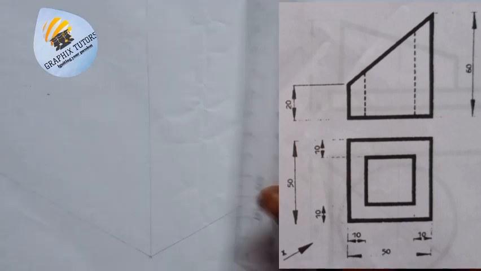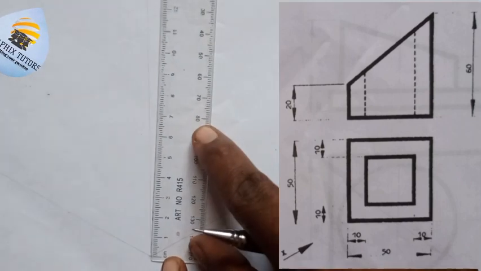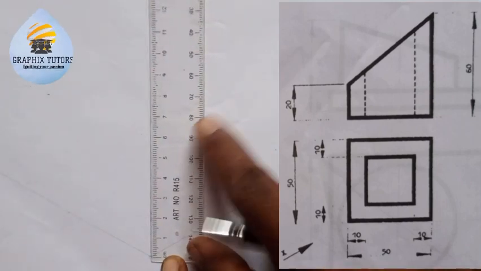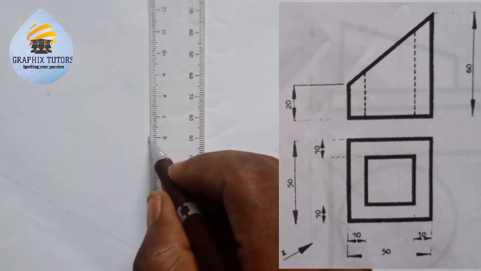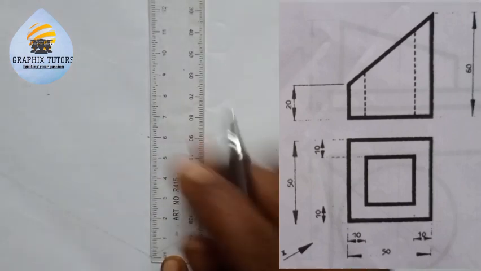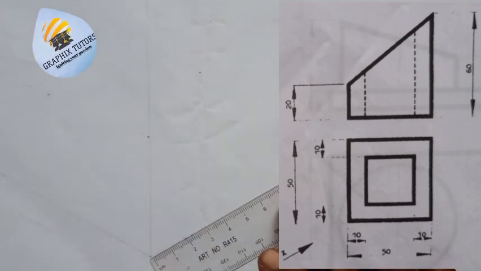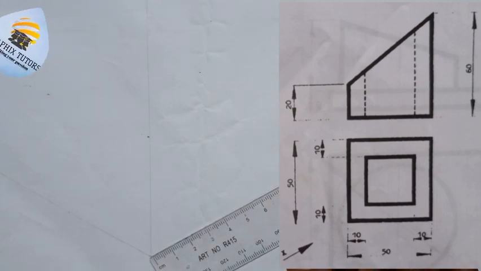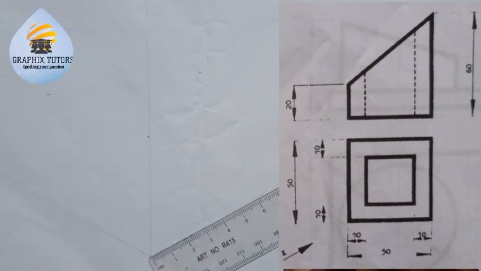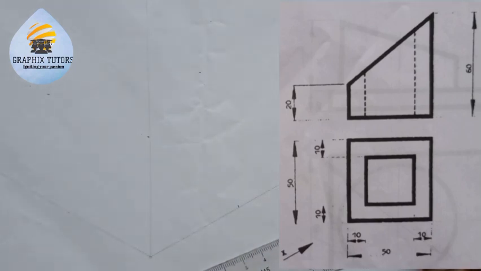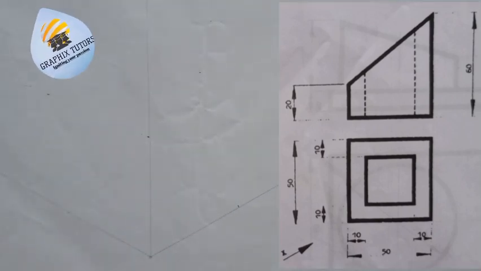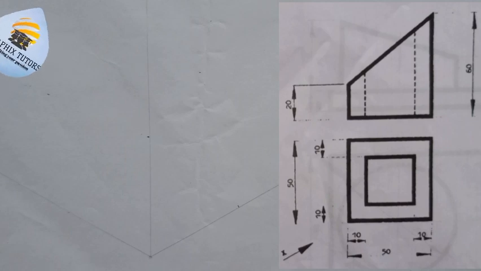So if I measure the height from 0 to 6, that is 60, and the length from 0 to 5, which is 50.